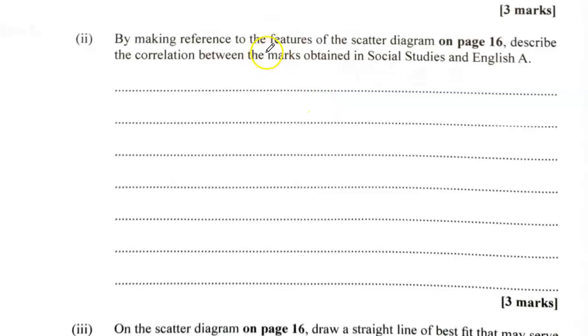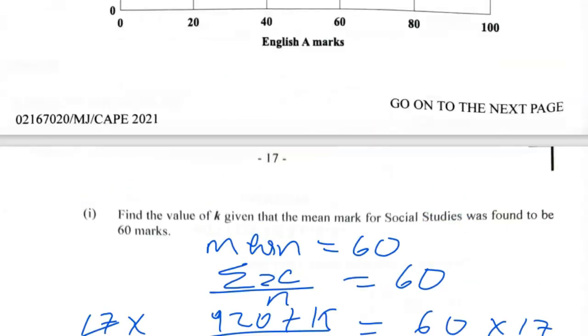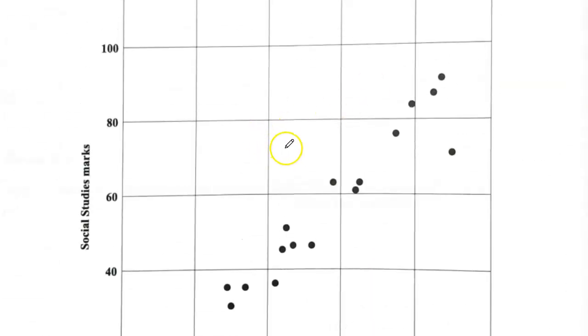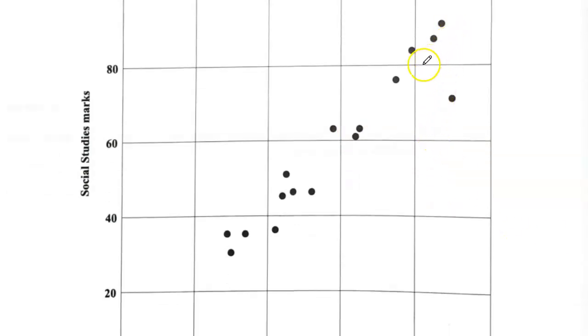By making reference to the features of the scatter diagram on page 16, describe the correlation between the marks obtained in social studies and English A. So let's look at the graph again. I would say it's a linear correlation, since you can draw almost a straight line.